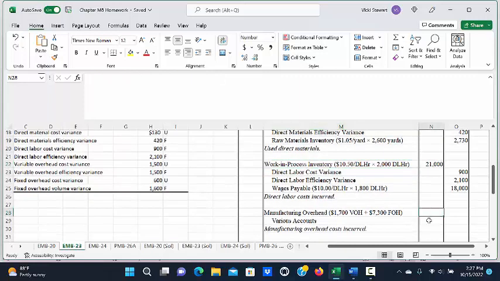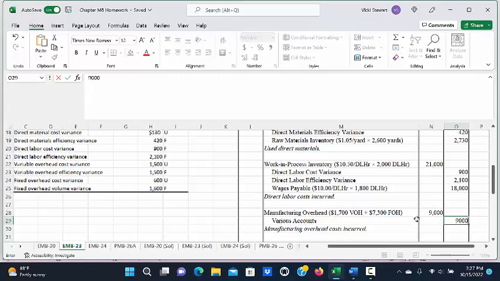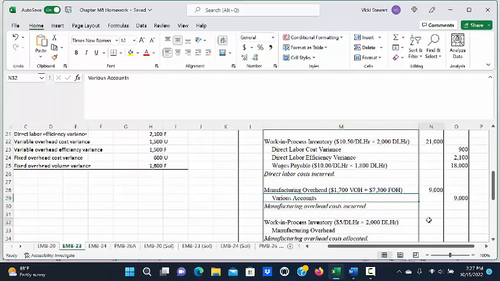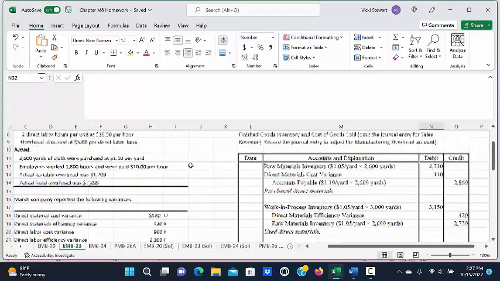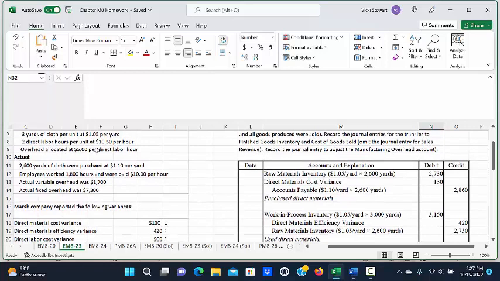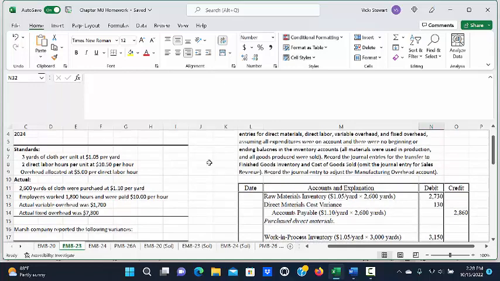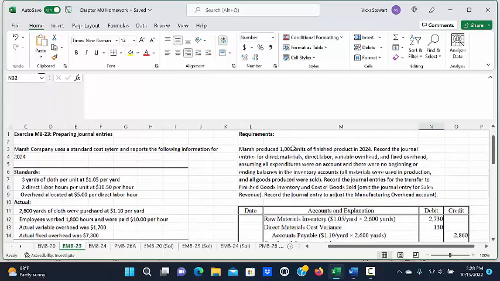Next, we're going to debit our manufacturing overhead for the actual variable overhead and fixed overhead that was actually incurred, which was $9,000, and we would have credited various accounts for that. Next, we're going to debit work in process for the standard overhead, which we were told in the problem that we allocated overhead at $5 per direct labor hour, and we were to use 2 direct labor hours per unit, and we produced 1,000 units.